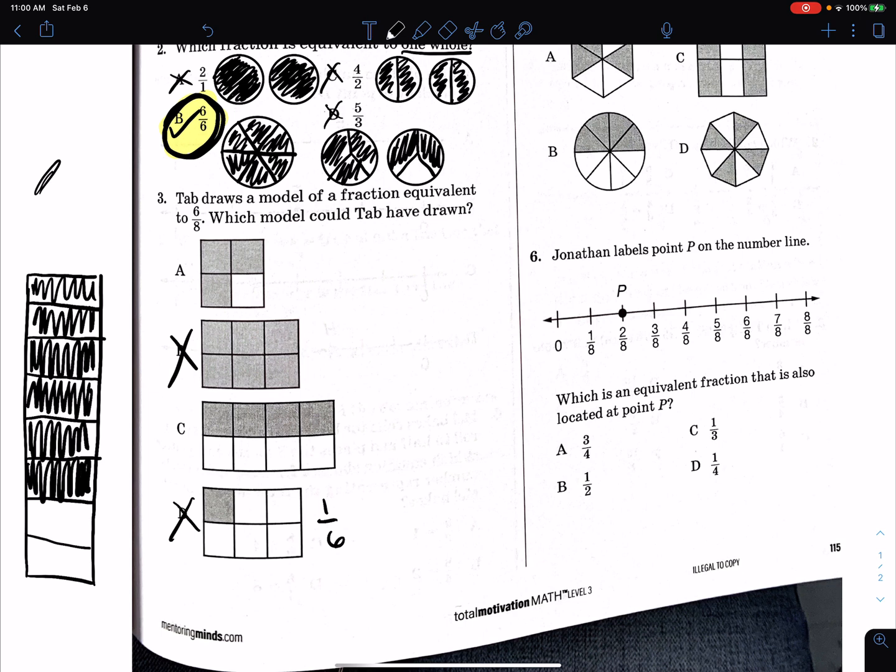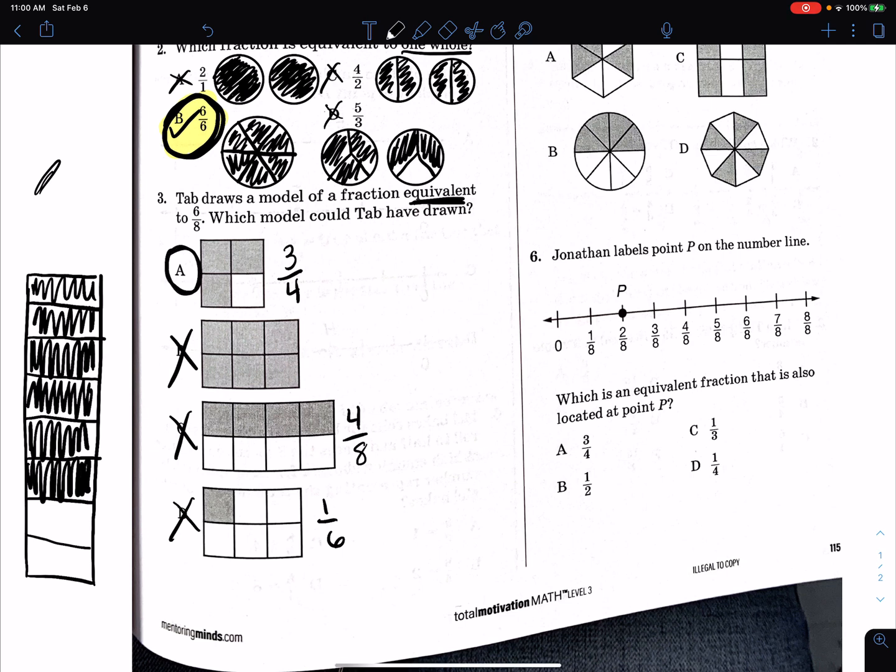So that leaves me with letter A and letter C. Well, with letter A, I'm going to write the fraction that is shaded, 3/4 and 4/8. So I don't think it's going to be 4/8 because I want an equivalent fraction to 6/8, and 4/8 is less than 6/8 because if I was going to go back to comparing, I know that 6 is greater than 4. So I think my answer is going to be letter A.